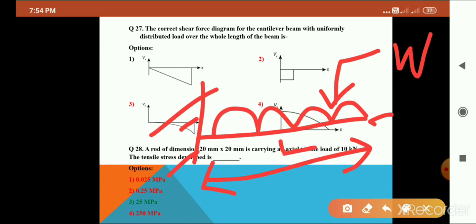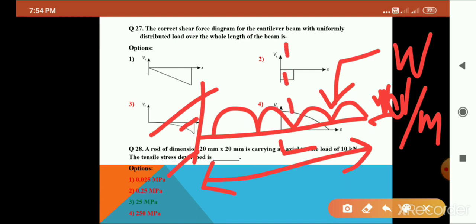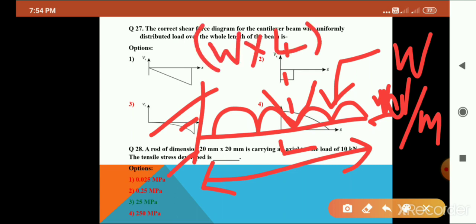W has the unit Newton per meter. So the total force acts on the middle portion of the beam. Total length is L, so W into L is the total load.